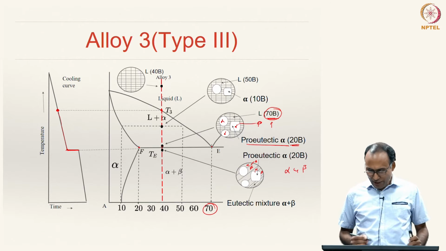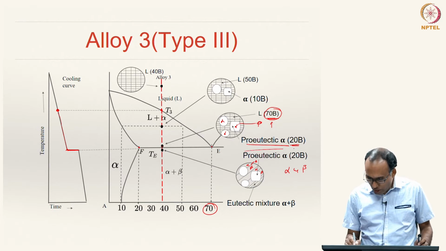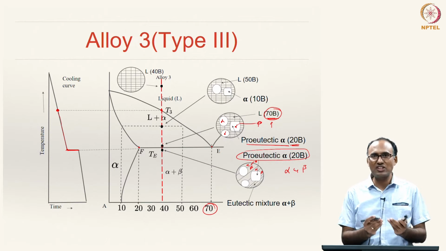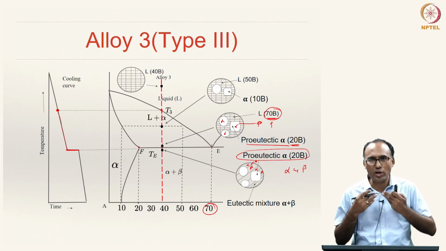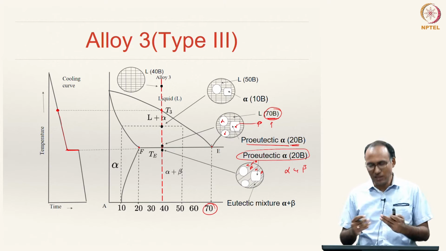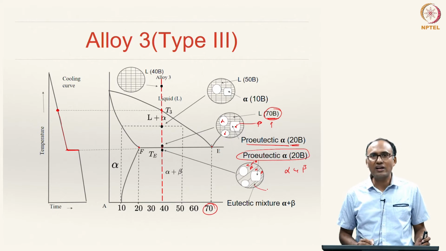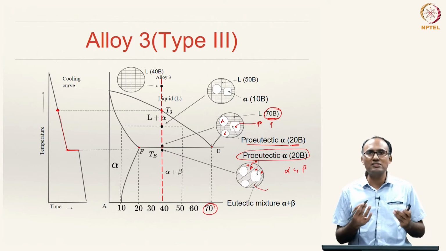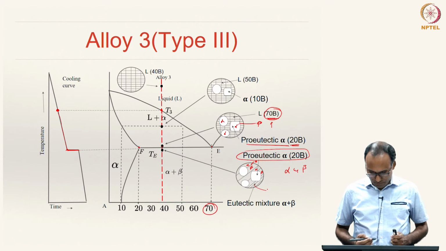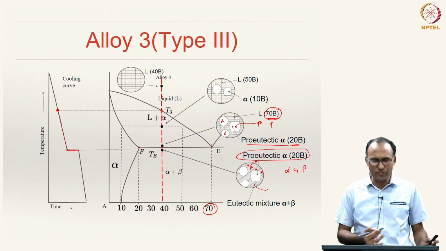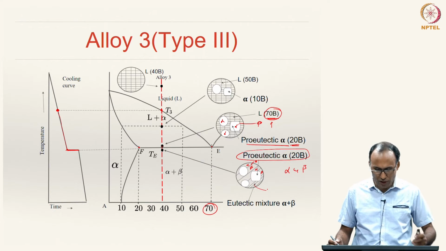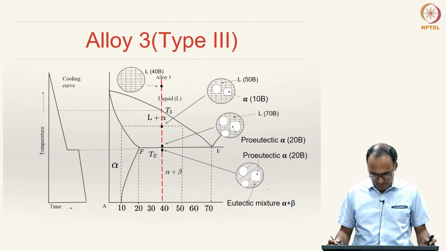The final microstructure will be a proeutectic alpha, which has crystallized from the liquid solution before the eutectic reaction took place, and the remaining liquid transforming to alternate layers of alpha and beta. Here we are forming alpha and beta because pure solid A and solid B cannot form, because there is some partial solubility. And you can also calculate all the weight fractions based on the discussions that we had so far on different other systems.